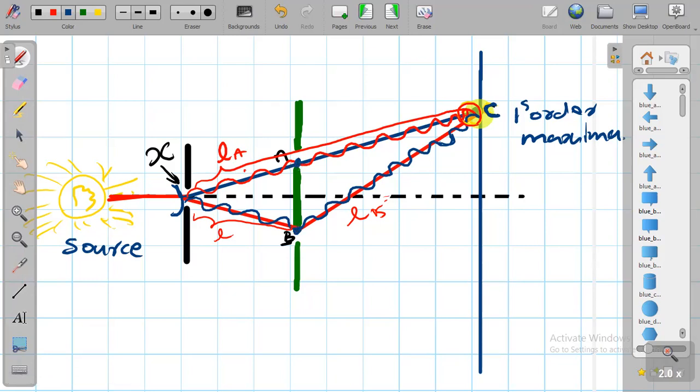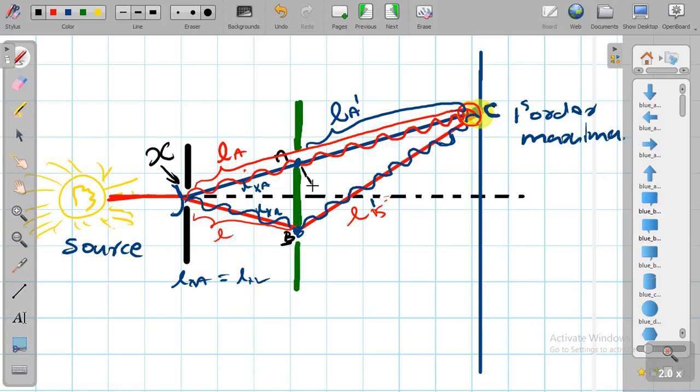This line is extremely coherent, right? LXA is equal to LXB, so no difference has changed here. But from here, this length is LA dash, and for this length, LB dash. Now from this point onward, there is a real difference.